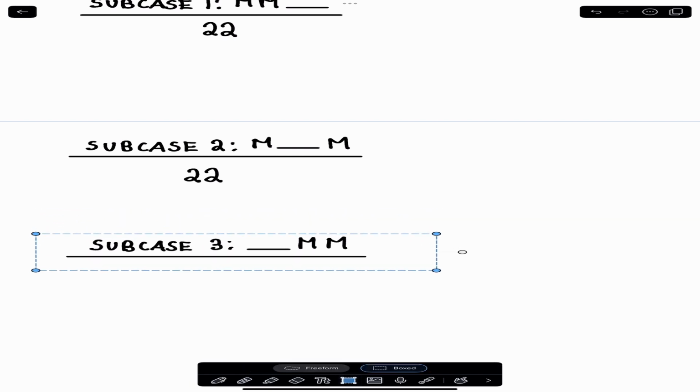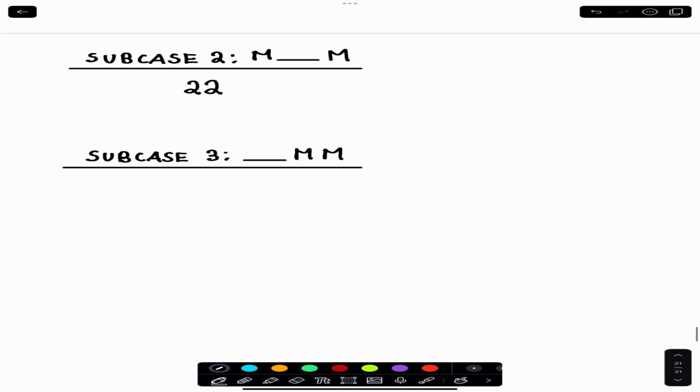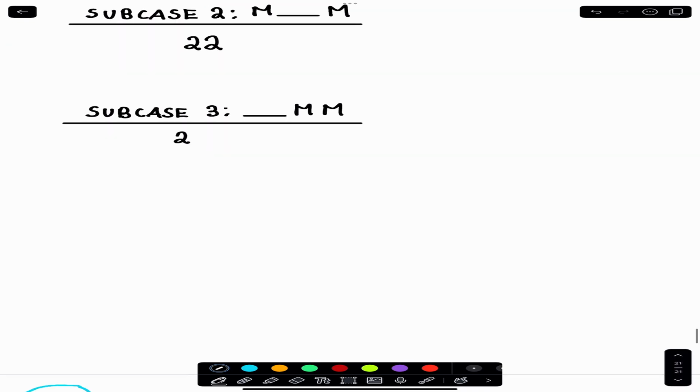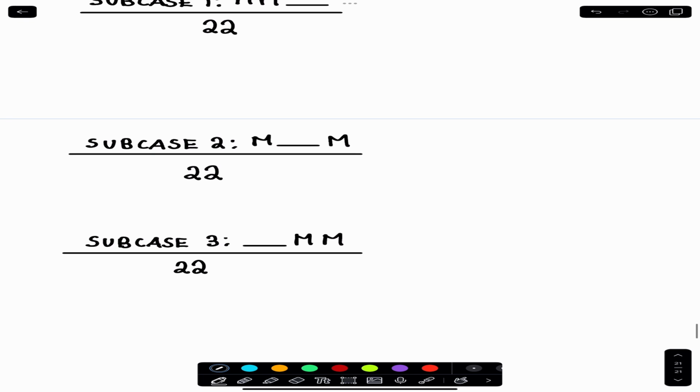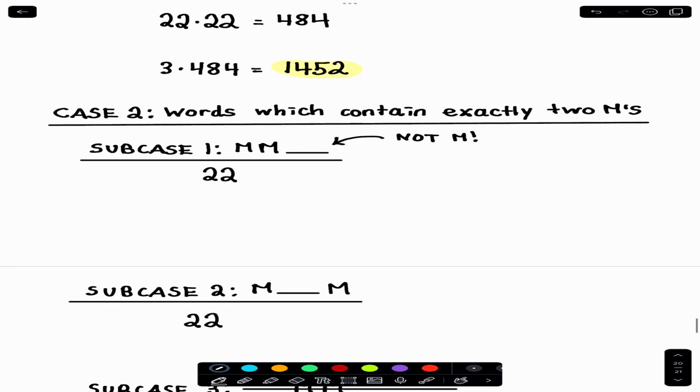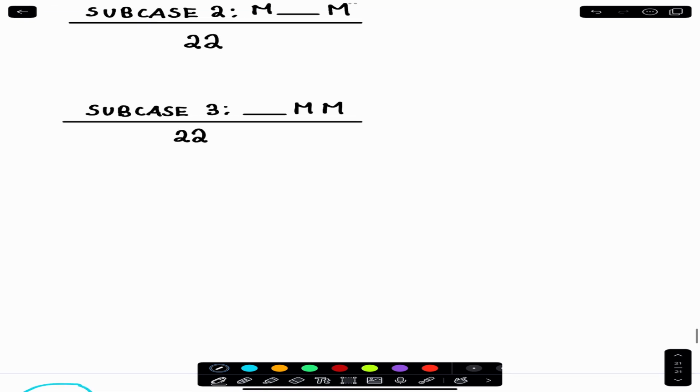Again, need more space. But there are still 22 choices for that. So that means for this bigger case, we have 3 copies of 22 as our running total, which means that's 66 possibilities for this case.